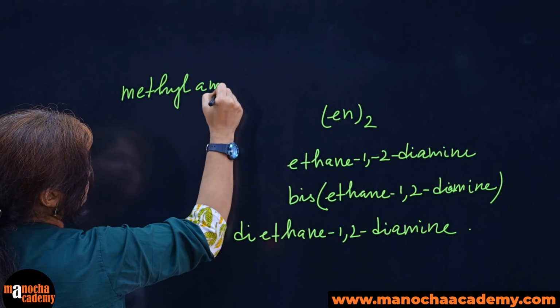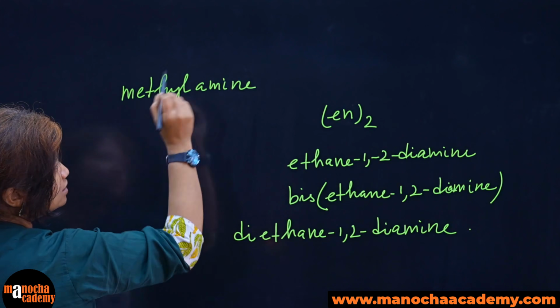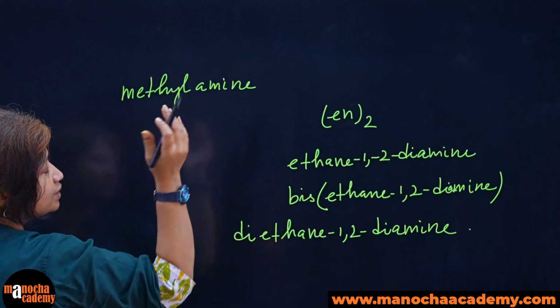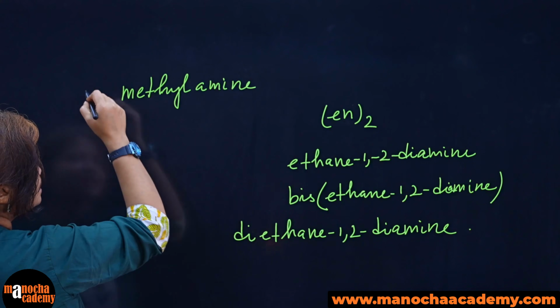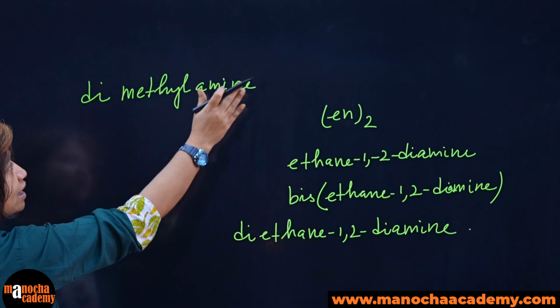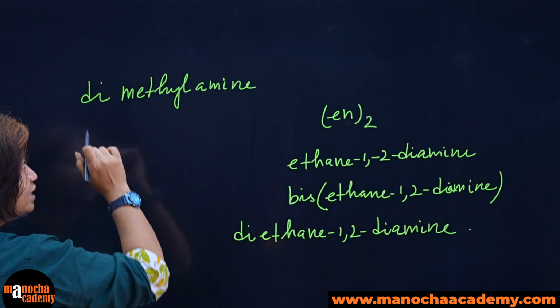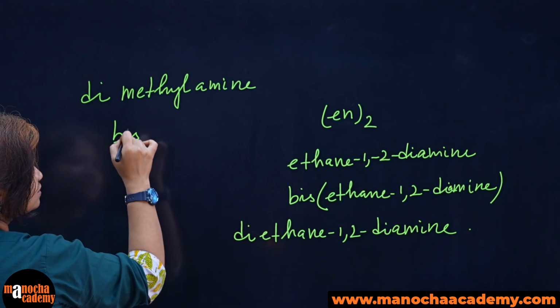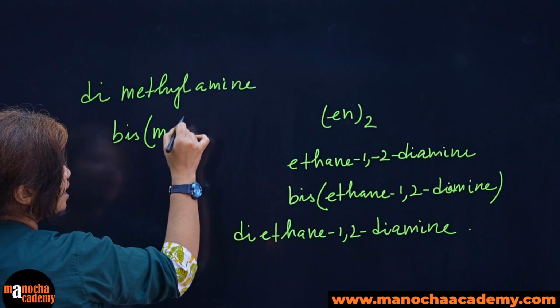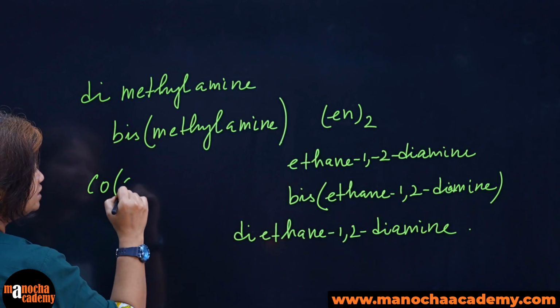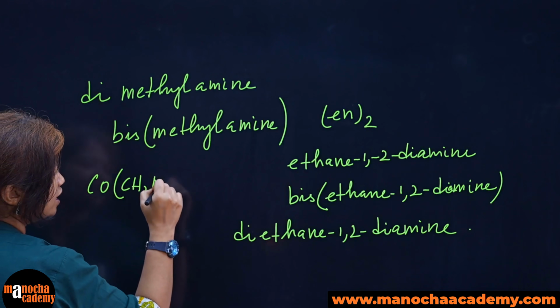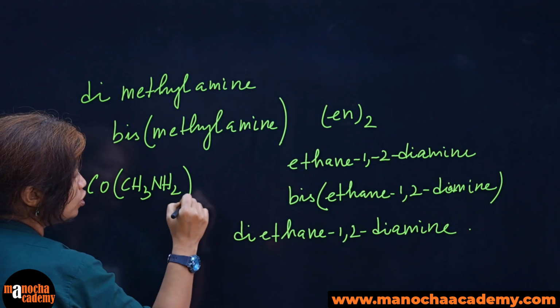If it is dimethylamine, and I write it like this, it means something else. But instead of this, we write bis, then methylamine. Suppose I write cobalt methylamine, the formula is CH3NH2 whole twice.